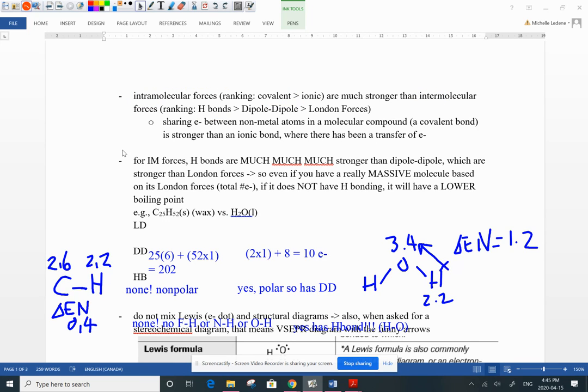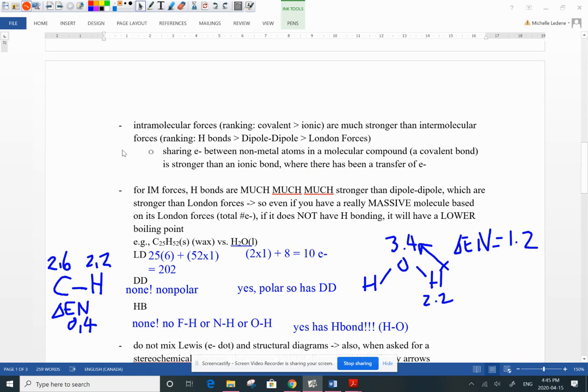Okay, so another thing to talk about is students were asked to rank how much a boiling point would be, and boiling point is related to intermolecular forces.